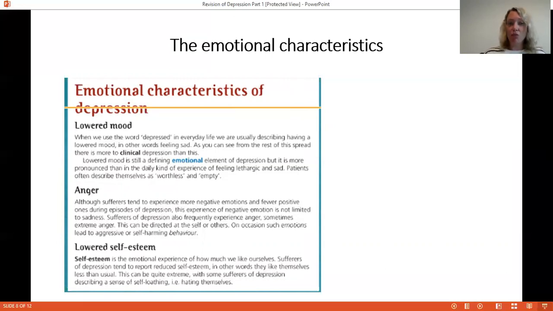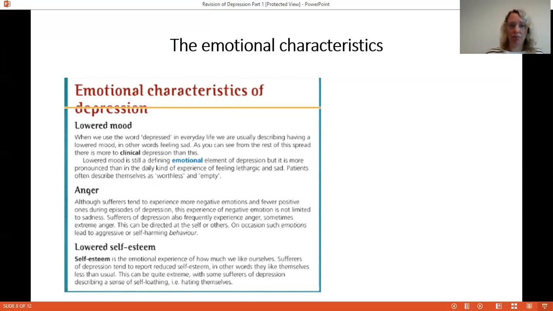Sufferers of depression also frequently experience anger, sometimes extreme anger, and again, that can be directed at the sufferer themselves, back at themselves, or it could be directed at somebody else, and that feeling of anger becomes that behaviour of aggression.